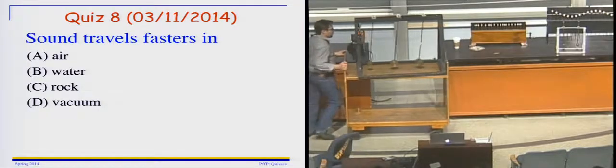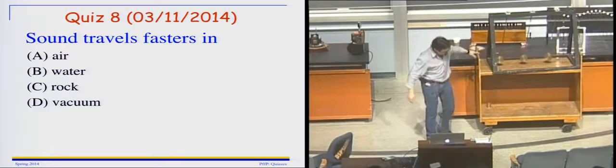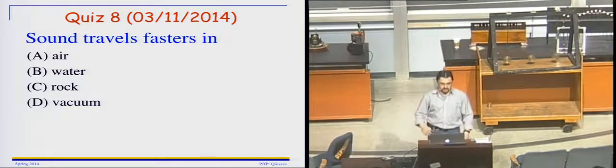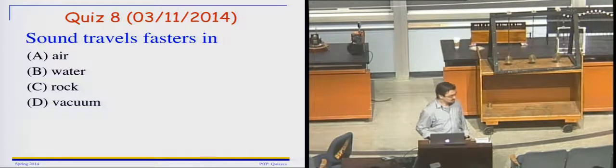I think I'll want to move this out for now. Okay, maybe 5 more seconds, and then we'll look at the results. Yeah, if you're using the clicker, it takes a while.